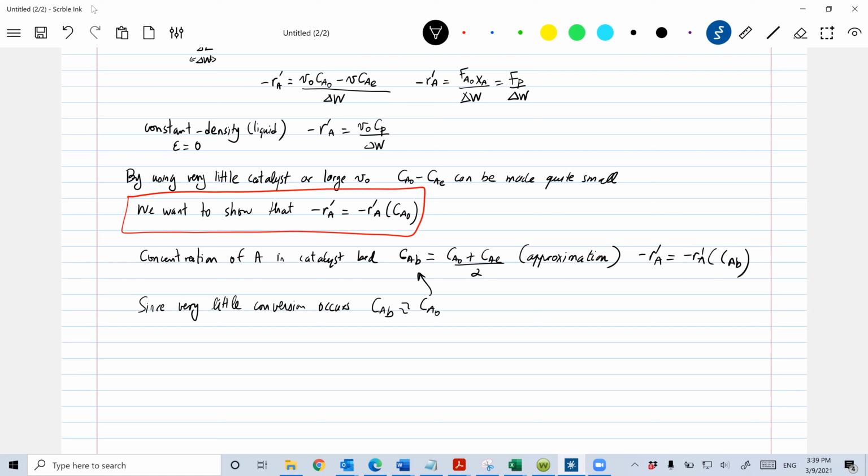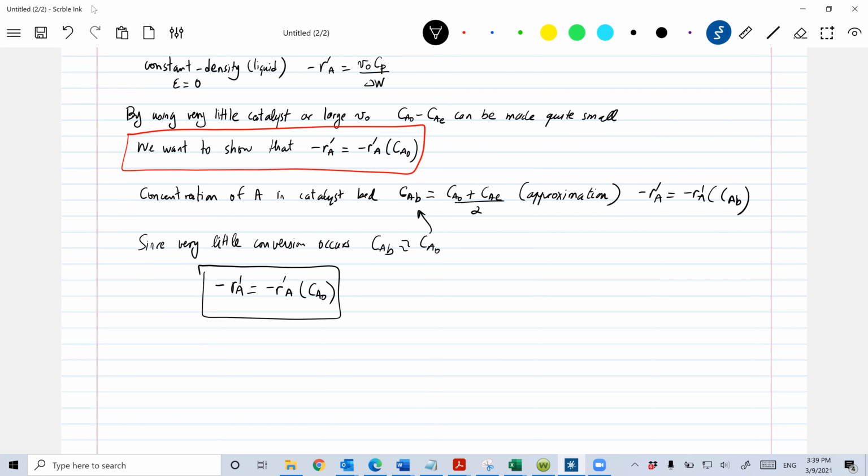So if you replace that up there, you find that minus RA prime is a function of CA0. What does that actually mean? What this means is that if you have a system where very little reaction occurs, the rate that you calculate is the initial rate. So this is the very initial rate, and this method can be called the initial rate method.